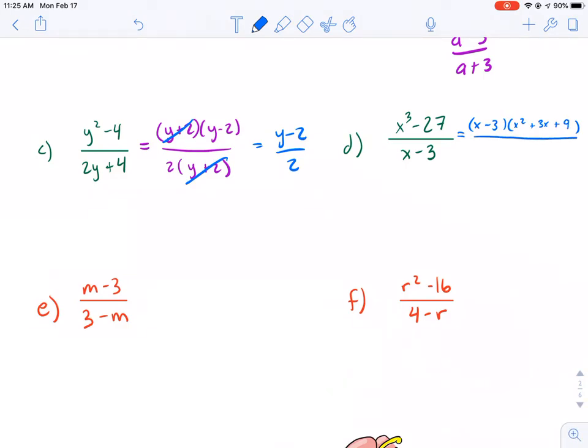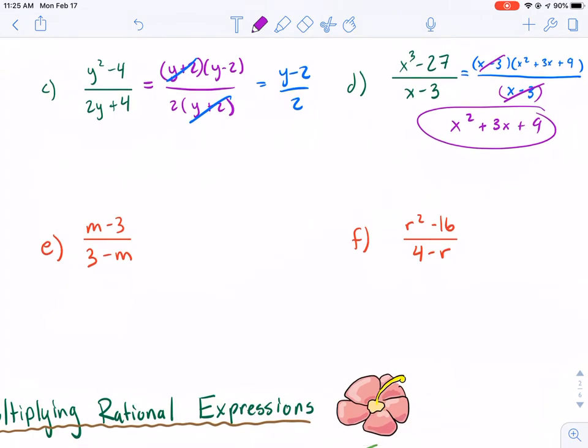If you don't remember how to do that, you're going to have to review the difference of cubes section. Now we see where they have x minus 3 here, and there's an implied parentheses here, so we can cancel that. So we have x minus 3, cancel. We are left with the expression x squared plus 3x plus 9, and that's our final simplified form.